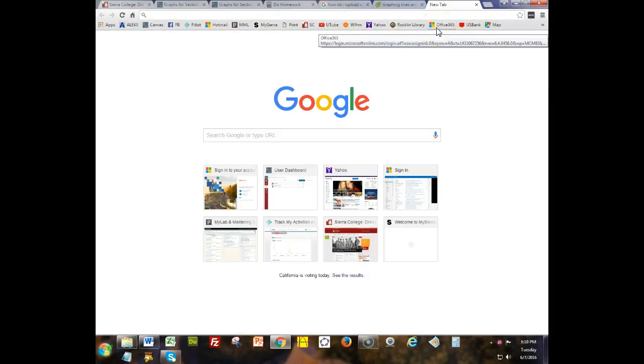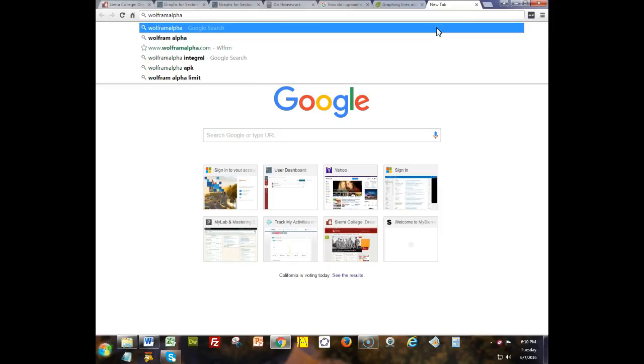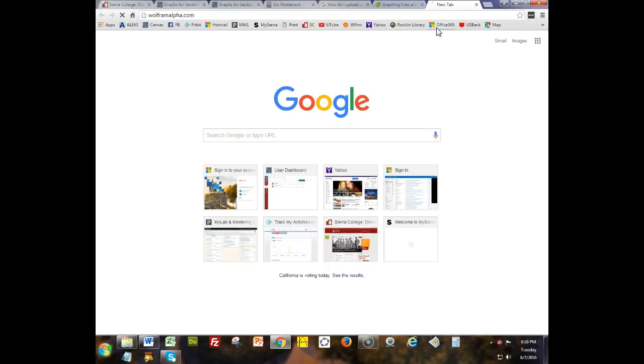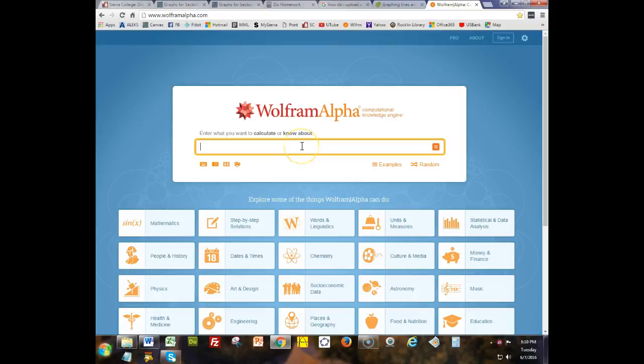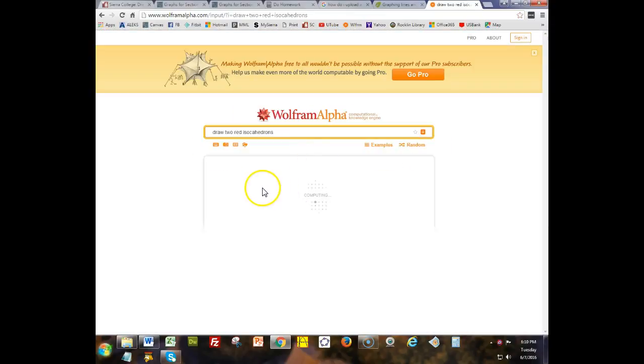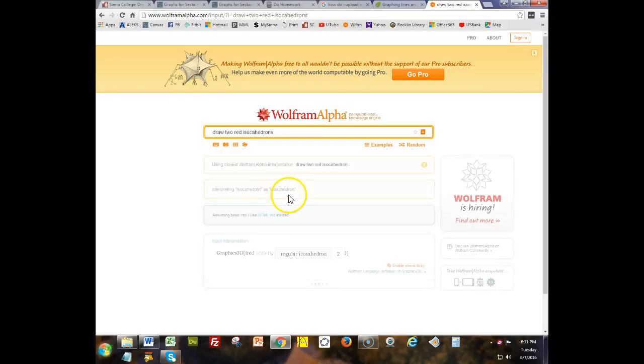Then some other sites students have told me are helpful are Wolfram Alpha. So Wolfram is the old name for the element tungsten, wolframalpha.com. So this site is like a brilliant math engine. It has a computer algebra system working behind it. So you can ask it all kinds of things. You can say, draw 2 red icosahedrons, and it thinks for a minute, and then it says, I can do that.